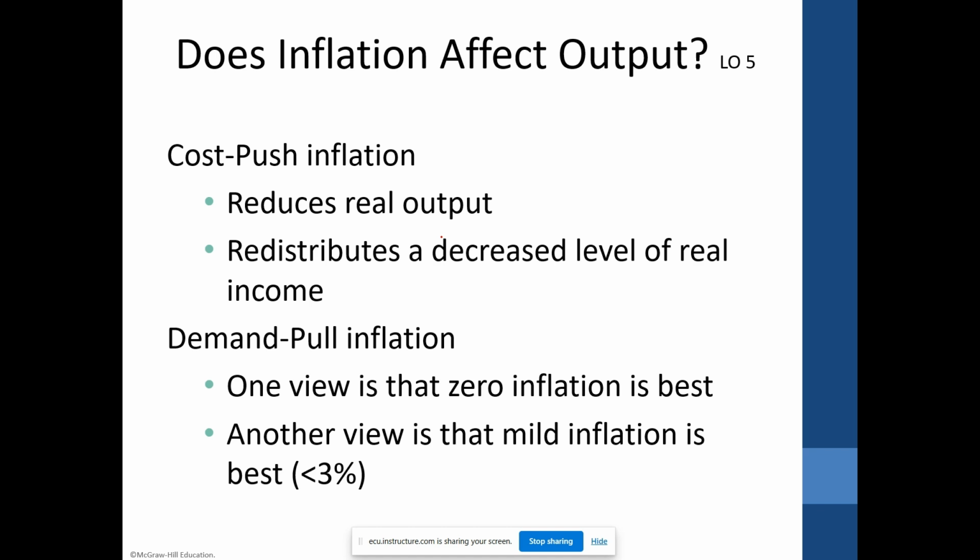As aforementioned, cost-push inflation, where resource prices rise unexpectedly, could cause both output and employment to decline, resulting in lower real income. Mild inflation, like less than 3%, has uncertain effects.